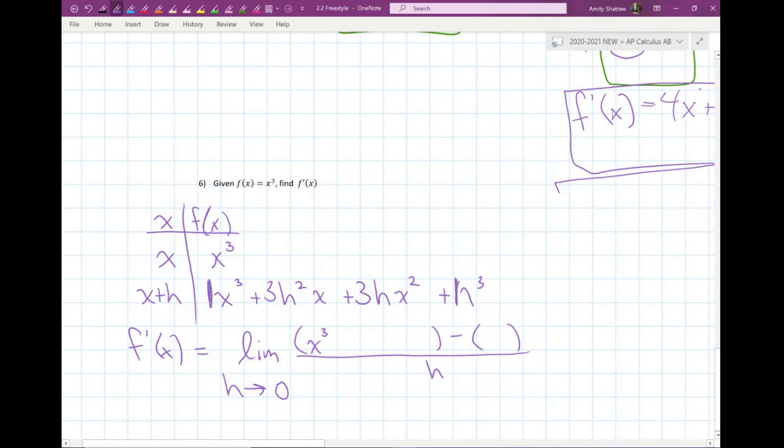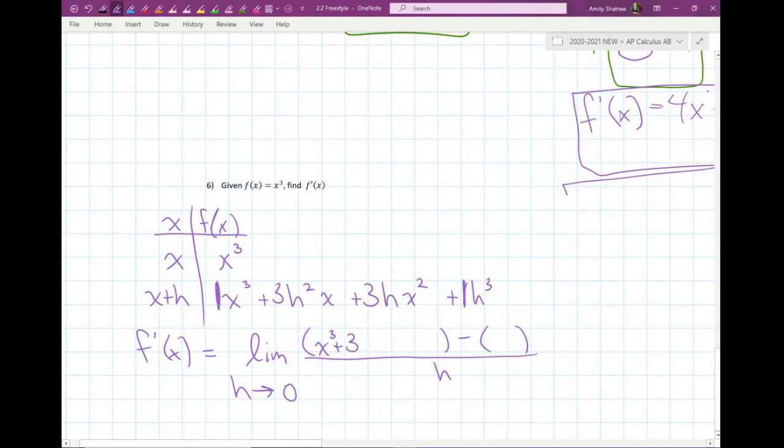Oh, sorry, that's supposed to be an h cubed. Was that bothering you? I apologize. Okay, I fixed it. x cubed plus 3h squared x plus 3hx squared. I knew I wasn't giving myself enough room here. Plus h cubed, and that minus an x cubed, which is a bummer because the only things that cancel out are those, and I was kind of hoping for more, right?